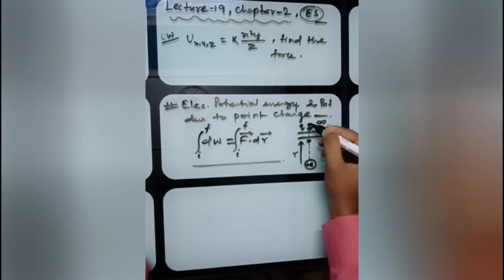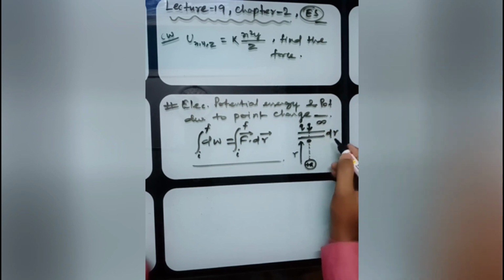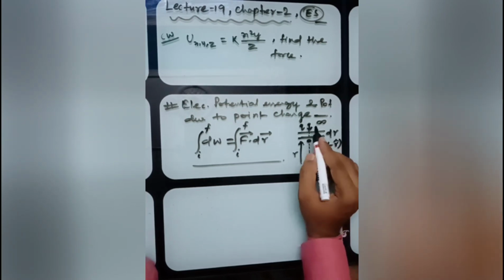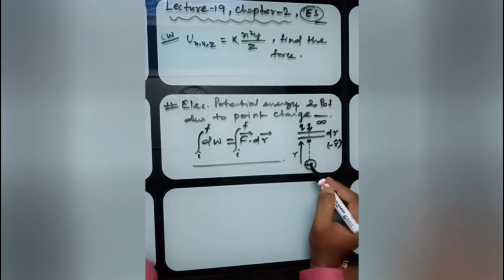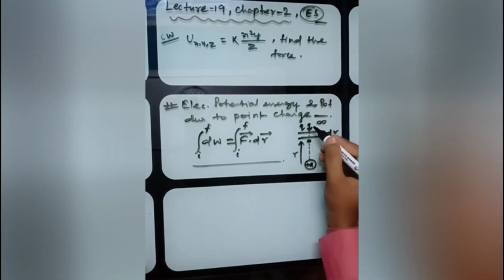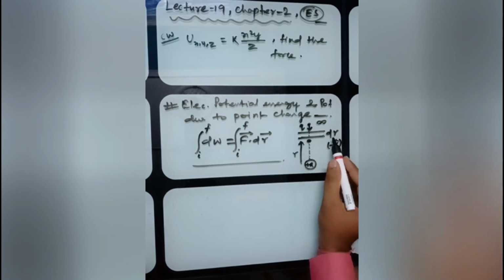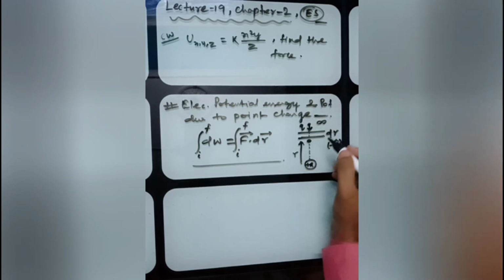Since we are coming from this side and using the vector, dr will be considered with the minus r cap. Okay, my dear student, here it is the positive charge, this is positive q and this is plus q. You are moving this positive charge in this direction. That's why you are taking this dr elementary distance as minus sign, since this is our positive direction and we are moving in the opposite direction.